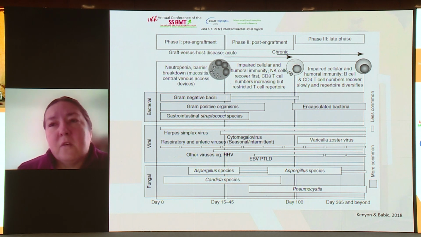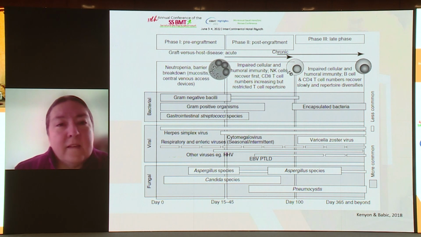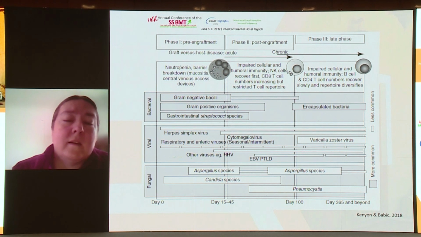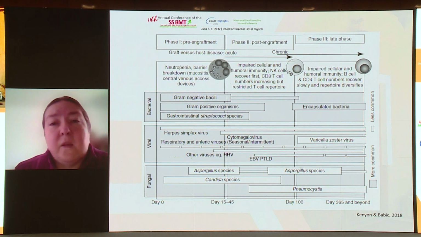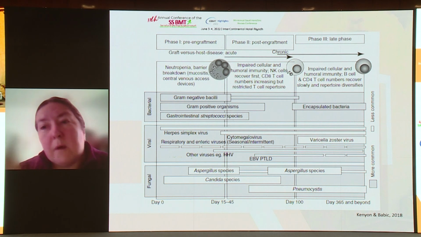When you look down on the slide, you see below the picture the days, day 0. The pre-engraftment is mostly from day 0 to day 15, and then the post-engraftment phase is between about day 15 to 45, and then we have a delayed phase starting at about day 100.